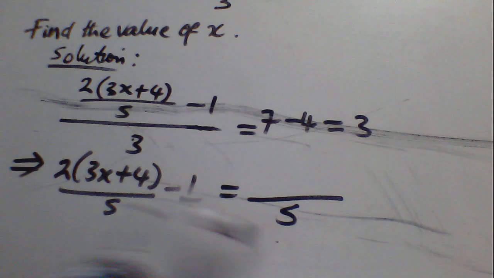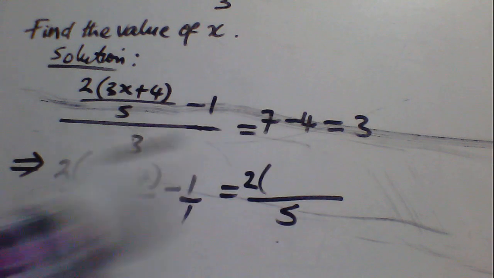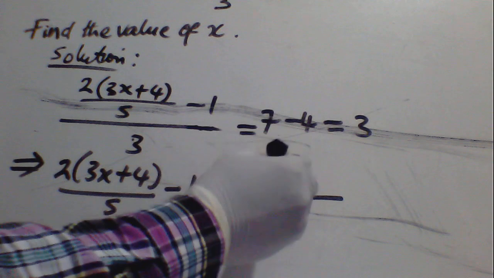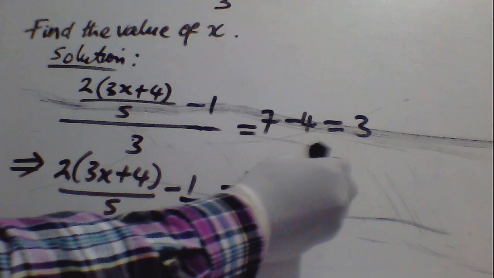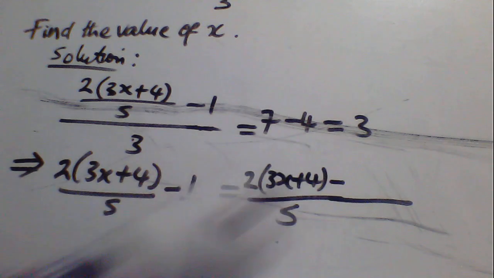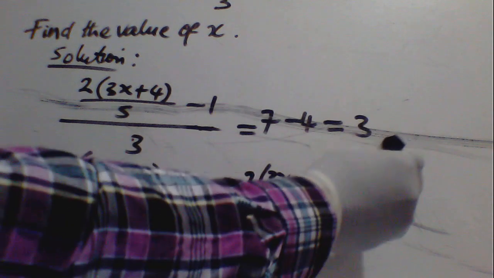From here, 5 divided by 5 will give us 1, and 1 times 2 will give us 2. That is, 1 times 2(3x + 4) will give us 2(3x + 4). Then minus 5 divided by 1 gives us 5, and 5 times 1 is 5.